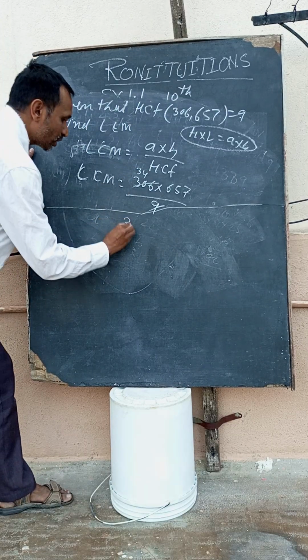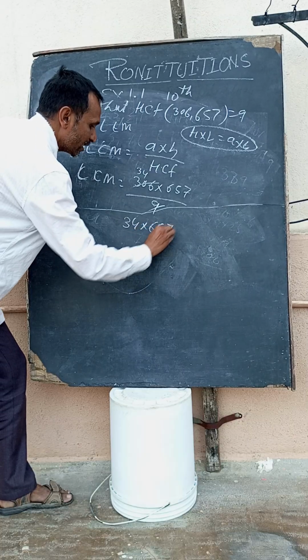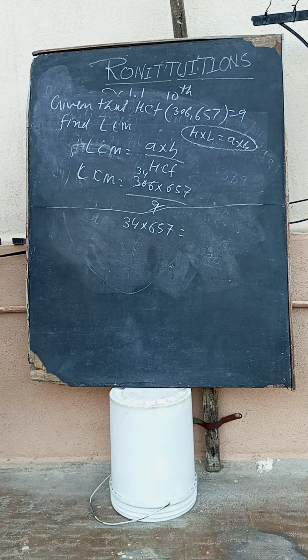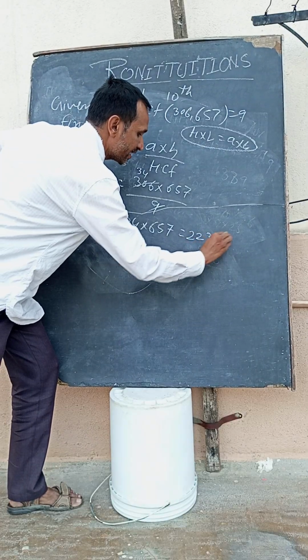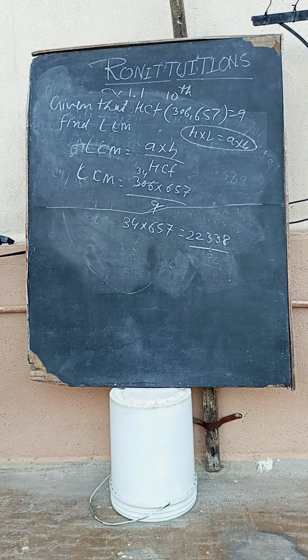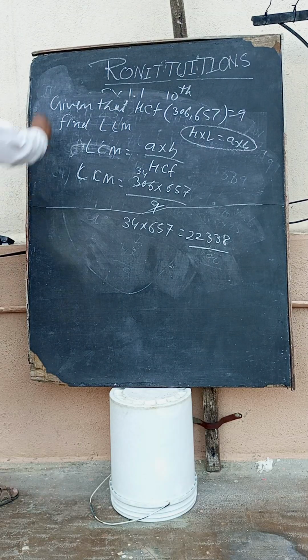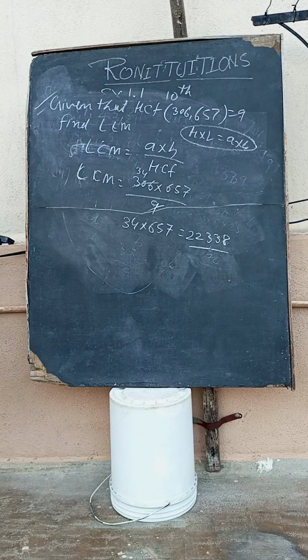Now LCM is equal to 34 into 657, which is 22,338. This is the LCM. This is a little important question from the exam point of view.